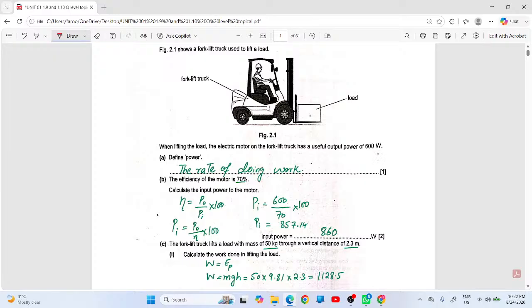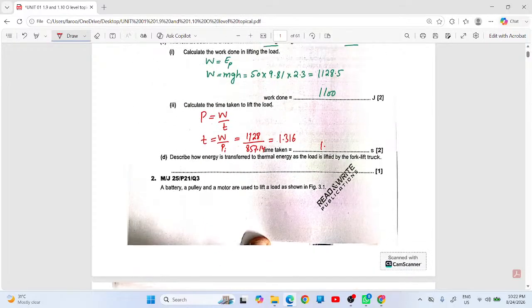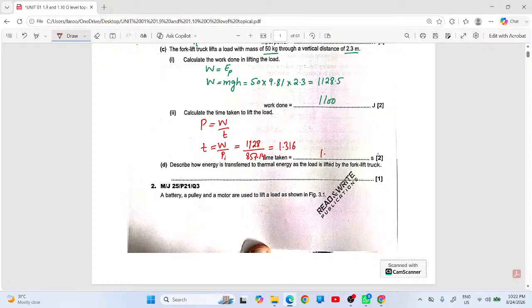Useful output power is 600, so using that to lift the load. तो यहाँ पे थोड़ी सी गलती, हमने इनपुट ले लिया 600. ओके, नेक्स्ट. जी सर, 1.88. This is 1.9. जी, आंसर ठीक है.